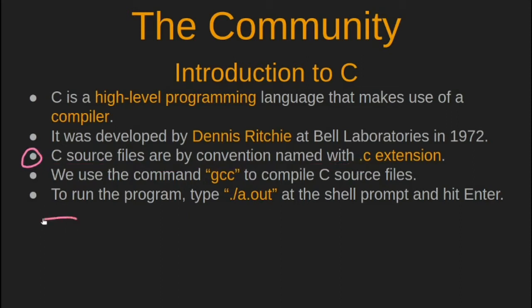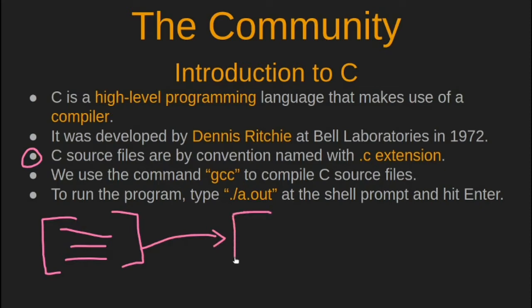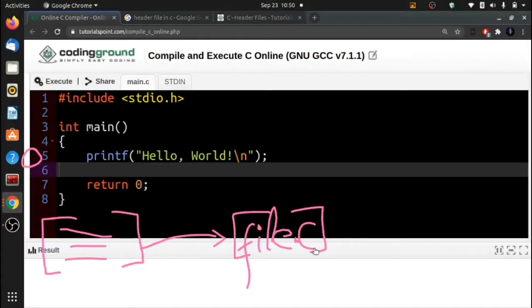For example, suppose we are writing a set of instructions using C as a programming language. Now what the third point says is that whenever you save a file, you save it using a source file name with a .c extension.